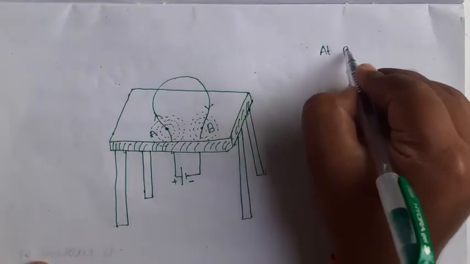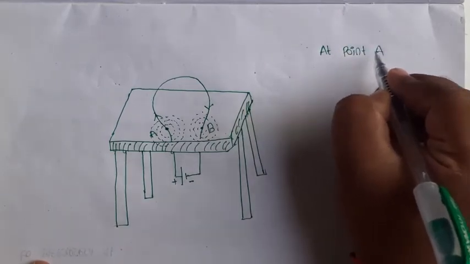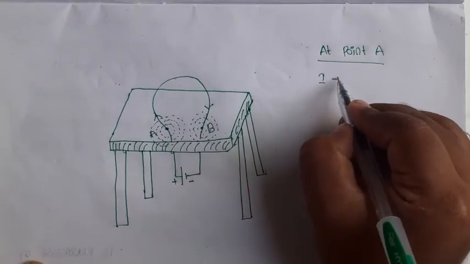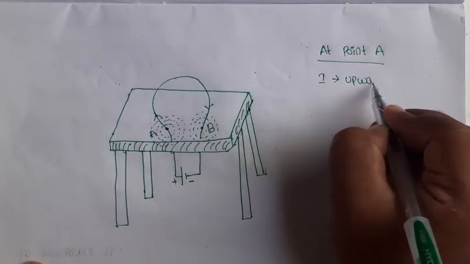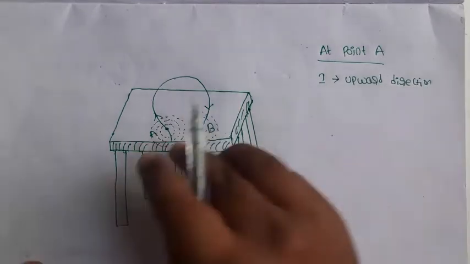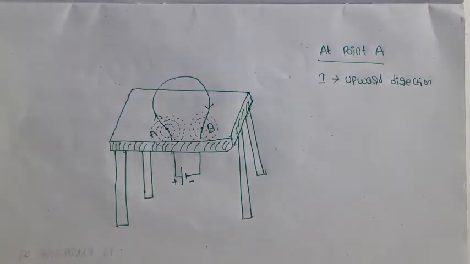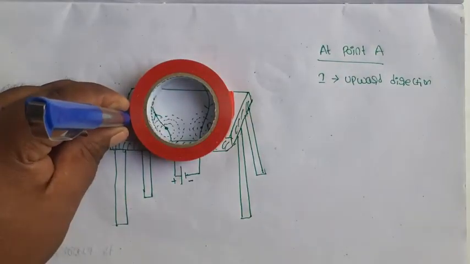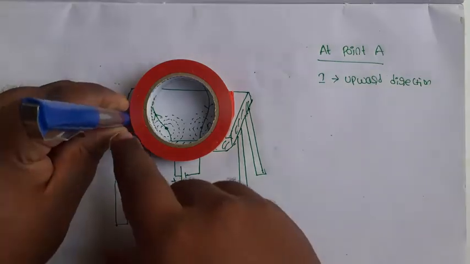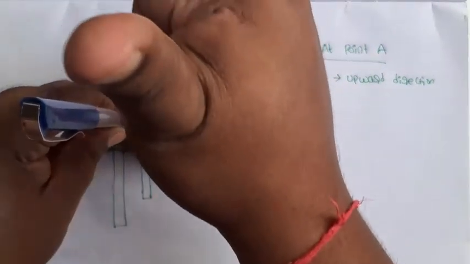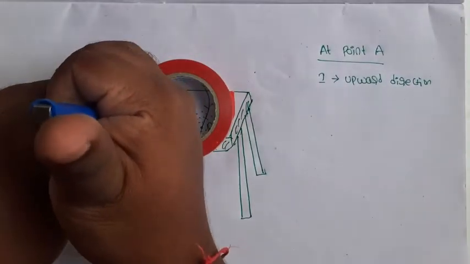At point A, the current is in the upward direction. At this point, I am going to find the magnetic field direction. So the current direction is upward, so the thumb is positioned like this.